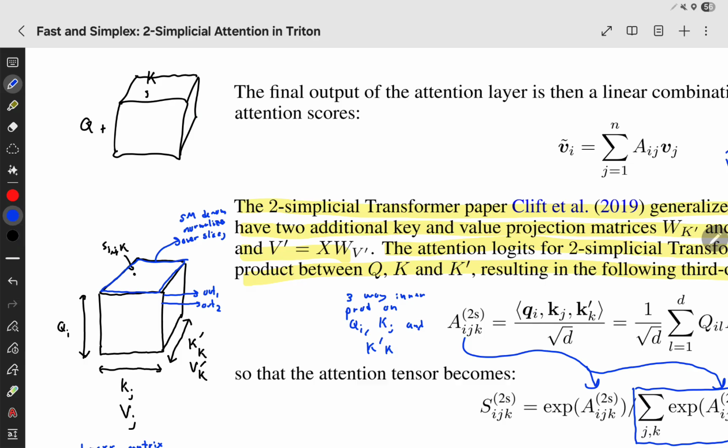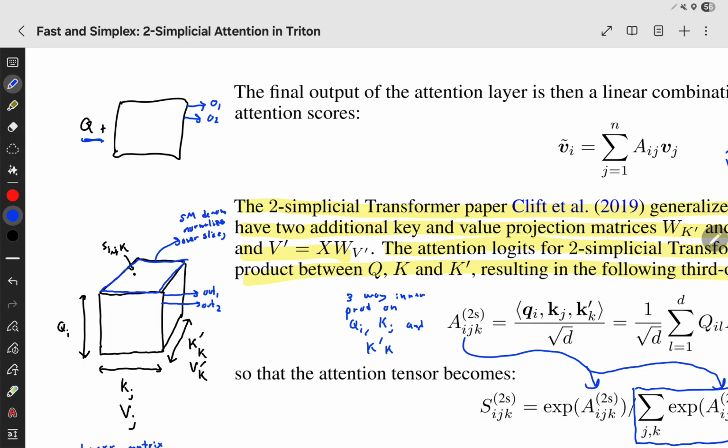For normal attention, Q defines which output you have. So this first row would correspond to the first output, this would correspond to the second output, and so on. It's the same thing here, except we're going to have two axes of keys.